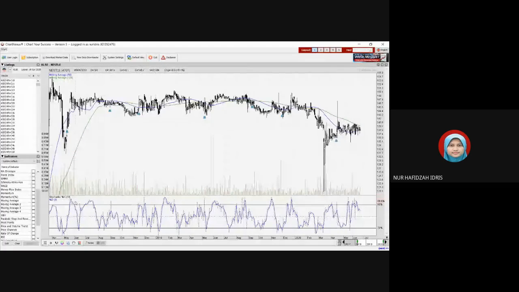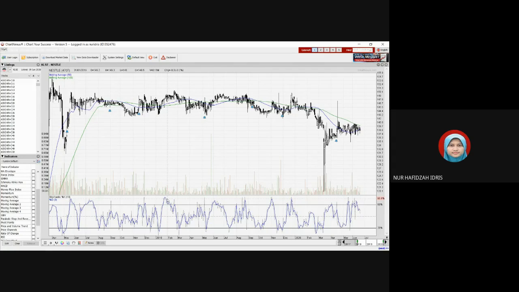Dalam masa yang sama juga percentage K had cross with percentage D dekat sini. Okay, so ini yang kita kata sebagai sell. And we can see another one in here where the K crosses with D. Okay, so ini pun adalah untuk selling. Ini yang kita kata cross.